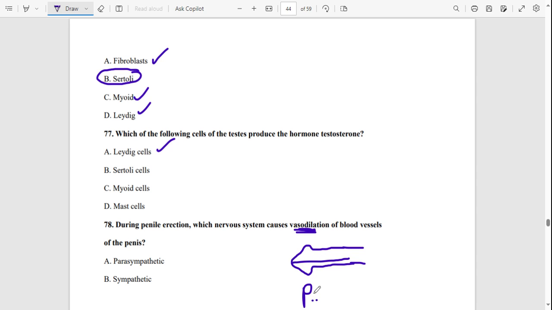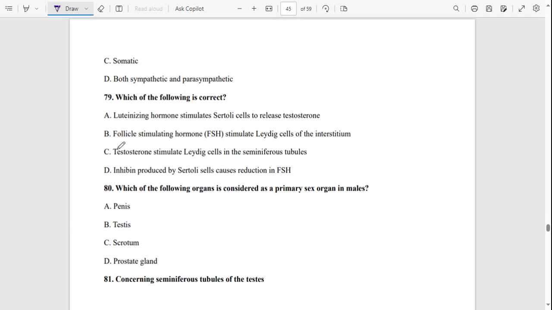Pointing is parasympathetic, the P for parasympathetic, and then to shoot, that is to ejaculate, you can say S, shoot, that is controlled by the sympathetic. So vasodilation is parasympathetic.